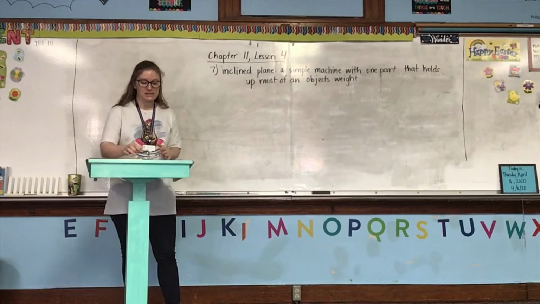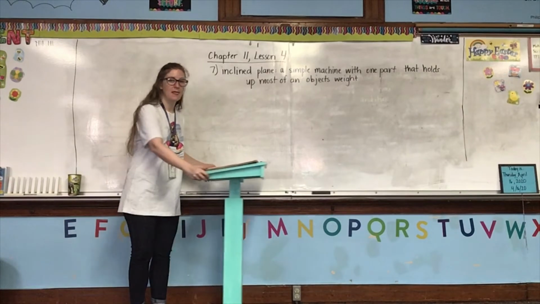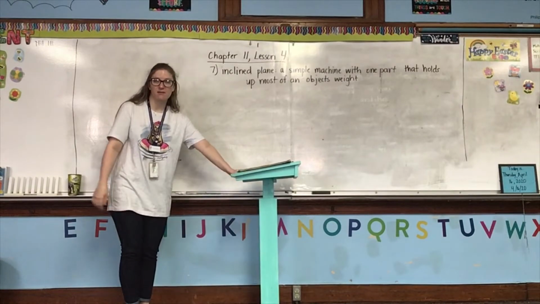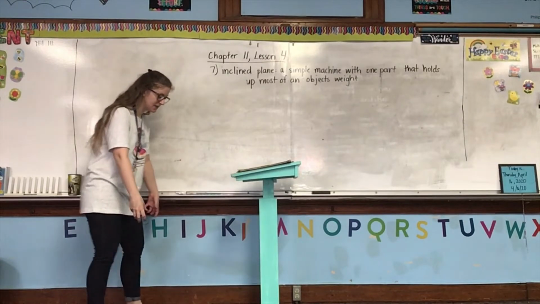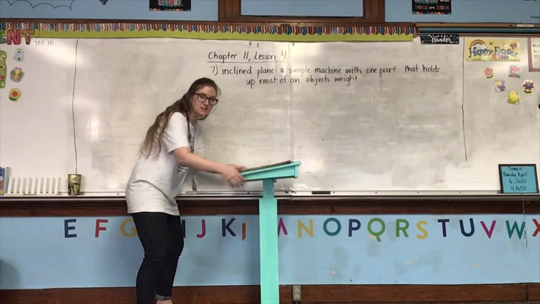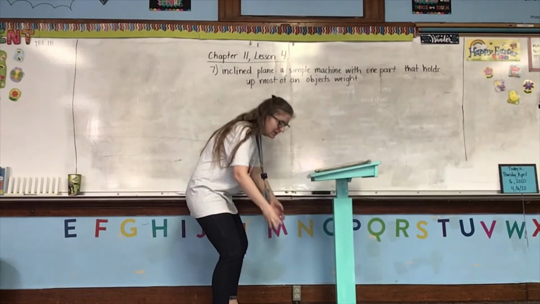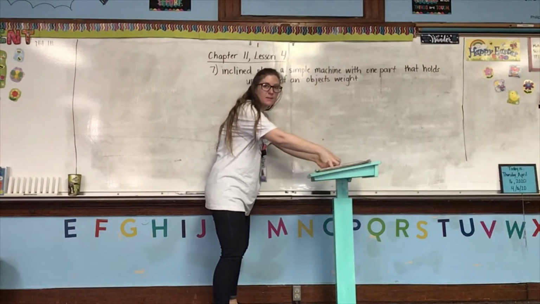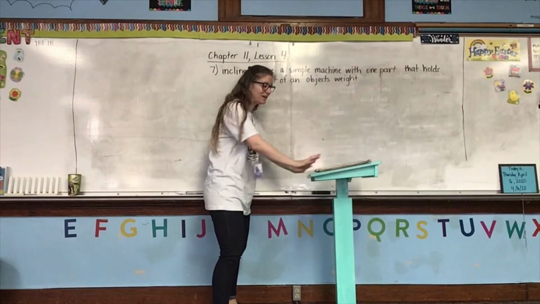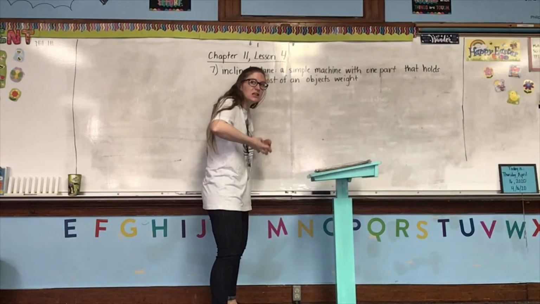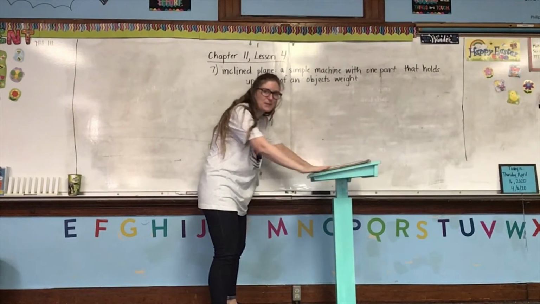So what that means is, say this is the back of a truck and I'm lifting a desk. I would lift the desk from right here to put it on the back of the truck. So I'm not moving it quite so far, but I'm still having to use a lot of effort to lift that heavy desk and put it up here.